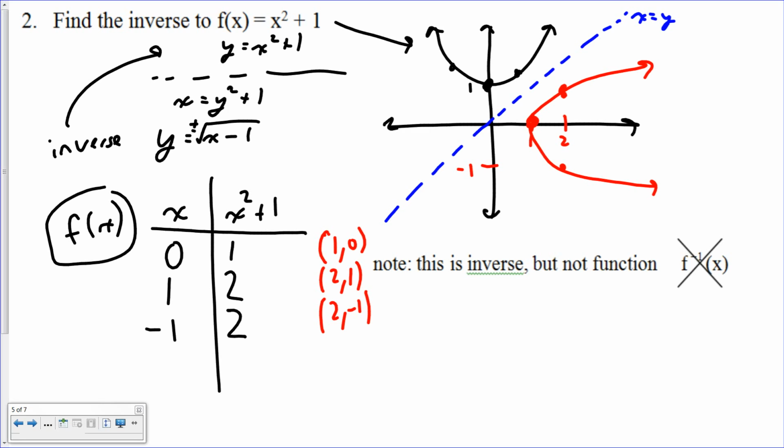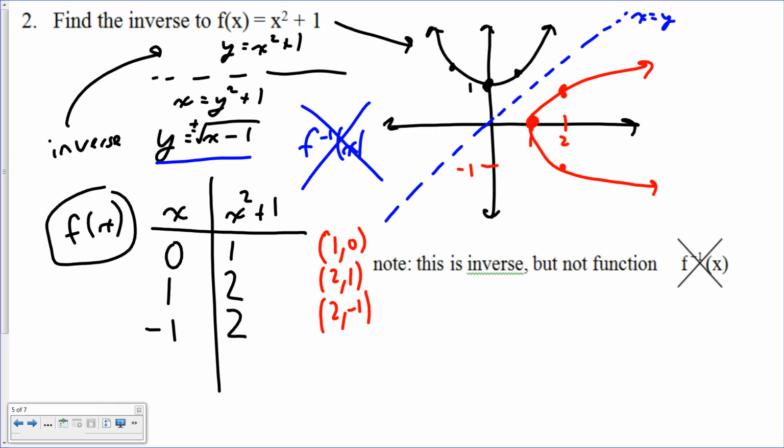This red line, this red graph, is not a function, however, because it fails the vertical line test. And so I can't write that as f inverse of x because it is not an inverse function. So this red would be written just like this: y equals plus or minus the square root of x minus 1.